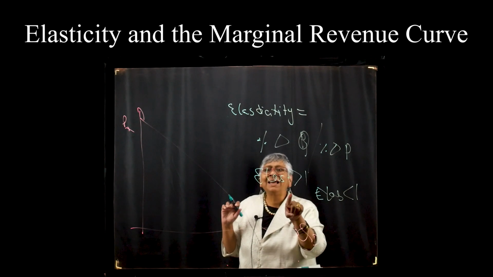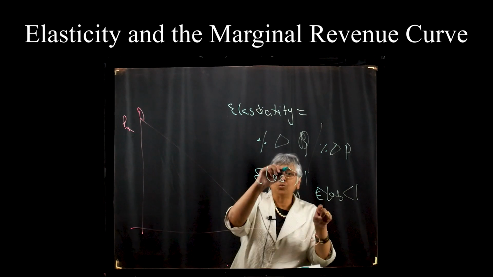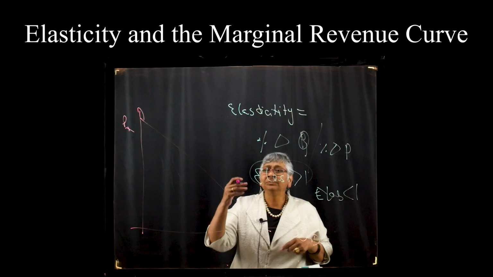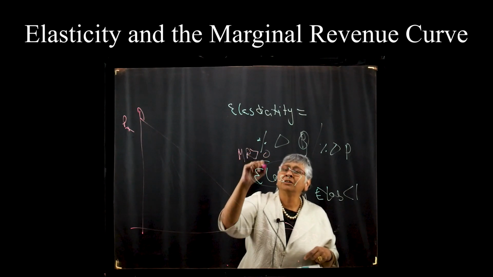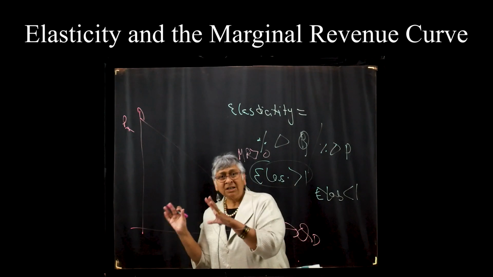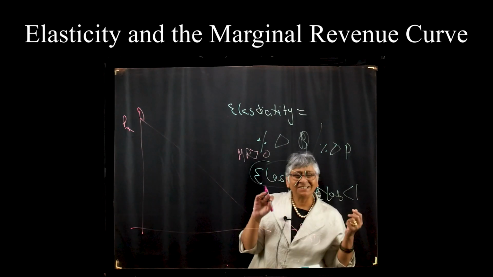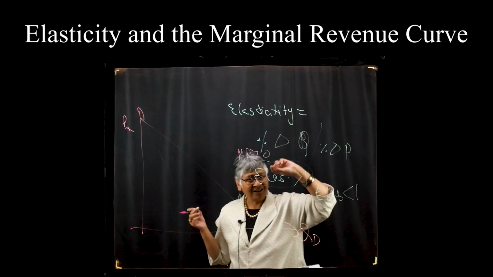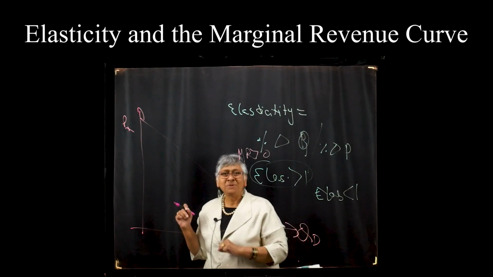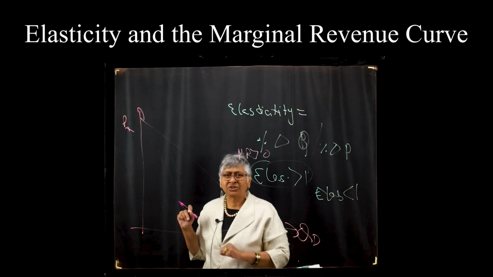So when elasticity is greater than 1, then marginal revenue is positive. If quantity increases outweigh price decreases, revenue will go up, which means marginal revenue is greater than 0.